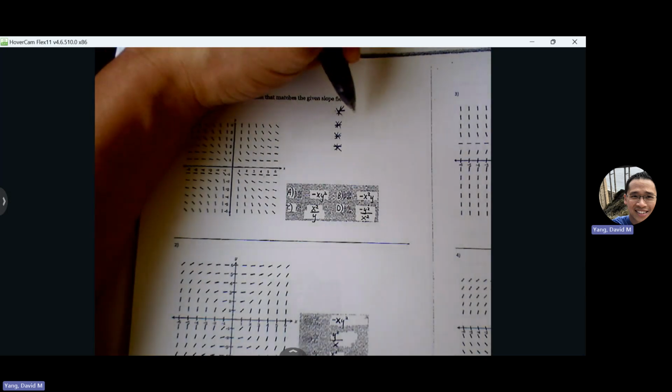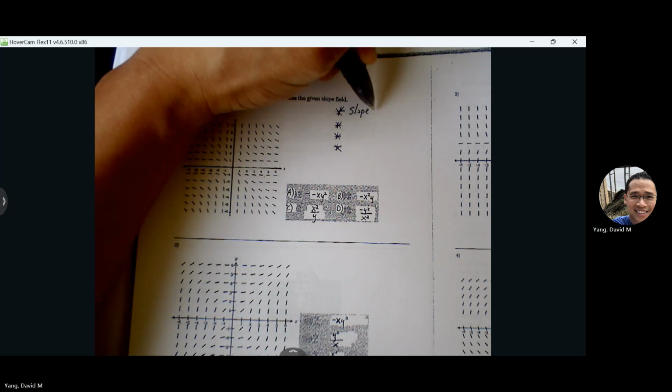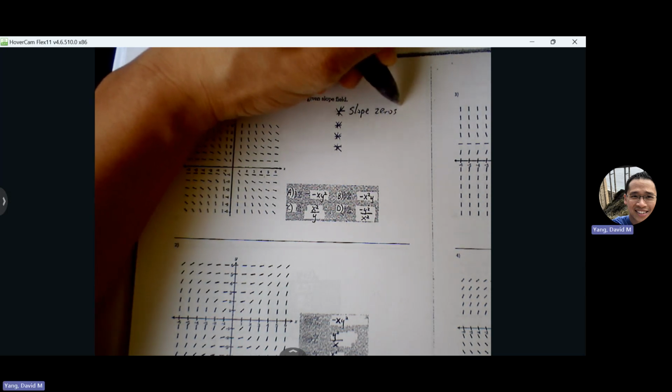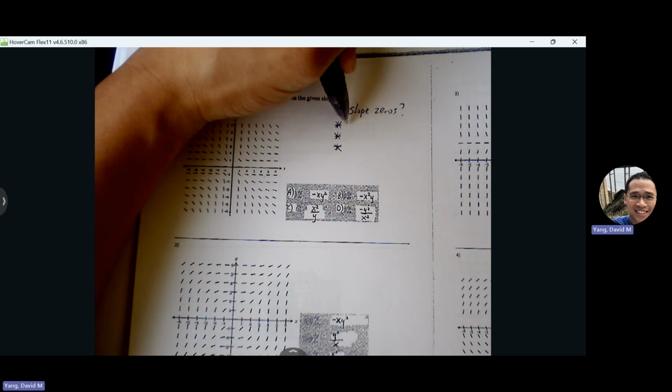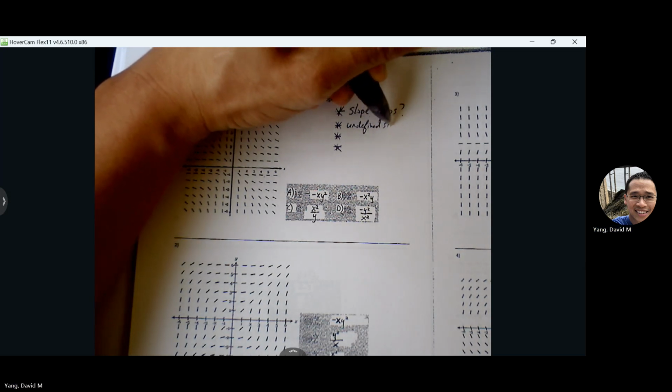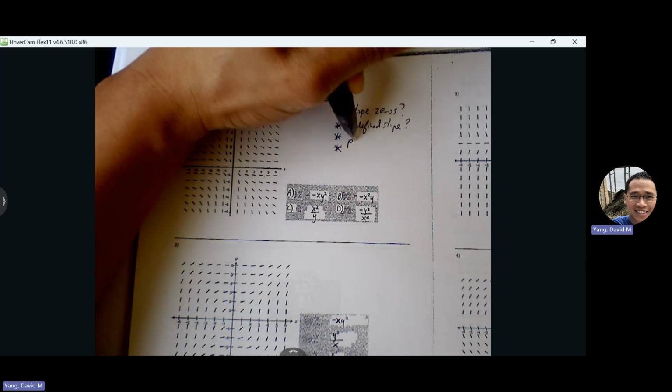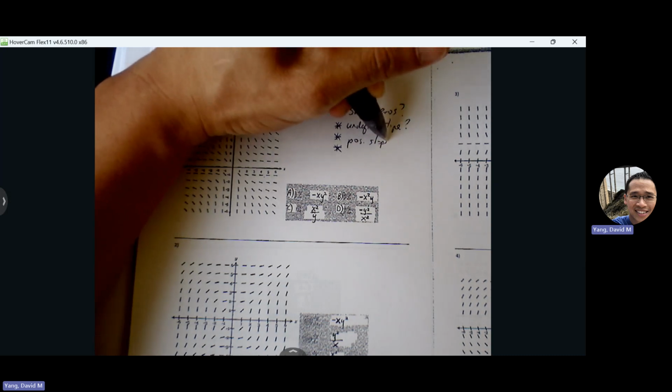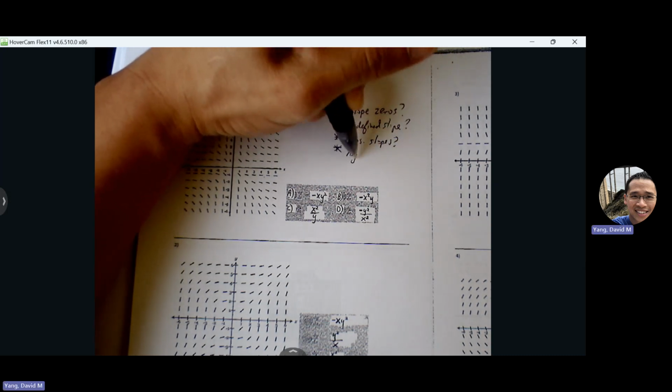So where do we see a collection of slope zeros? Where do we see a collection of undefined slope? Where do we see positive slopes? And where do we see negative slopes?